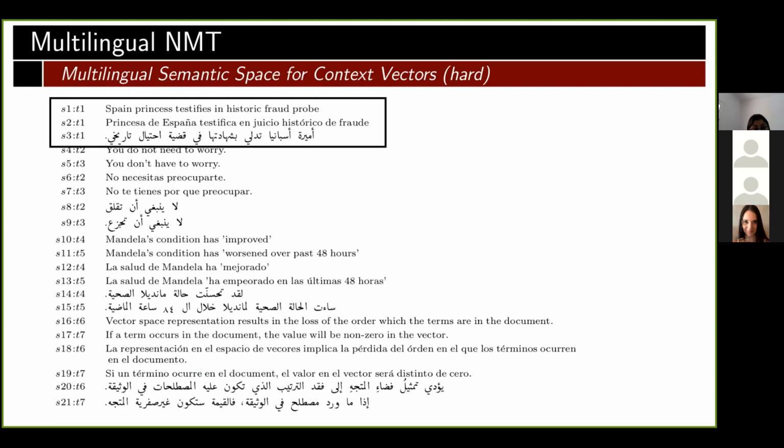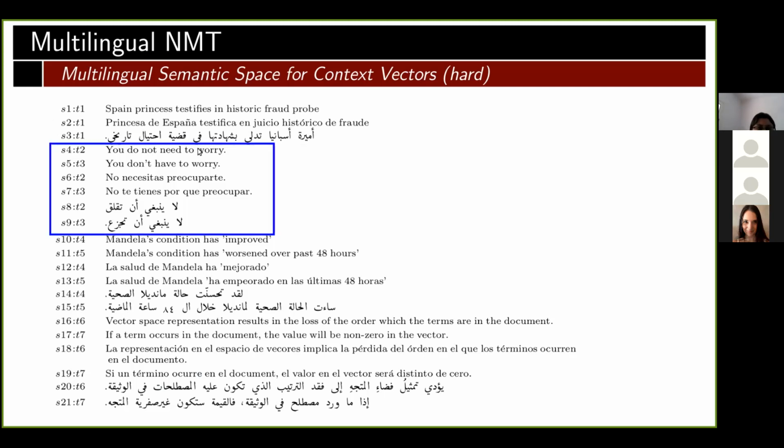So the first top 3 sentences are these triple one here, sentence 1, sentence 2, sentence 3, belong to the first triplet 1, when we have exactly the same sentence in English, in Spanish, and Arabic. So these are the 3 black dots that we will see again in the plot. Then we will have two triplets here, the ones that were dark blue and light blue.